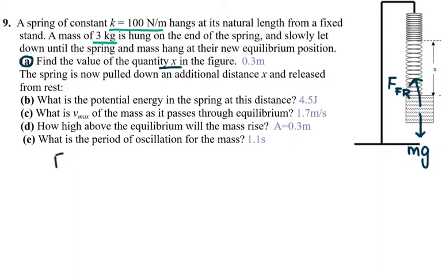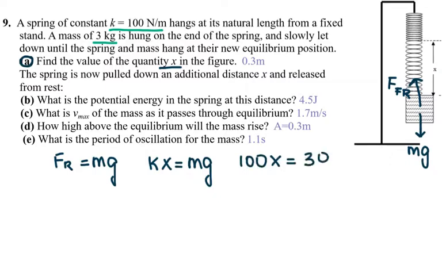So the spring force is equal to mg. That means kx is equal to mg. k is given as 100, x we need to find, and mg, mass is given as 3, so that is 30. So x is equal to 0.3 meters.